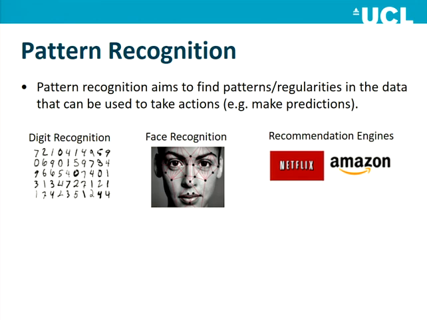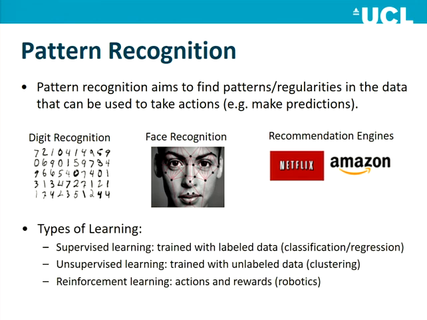And the idea is that we try to learn something from data to make predictions. And just a very brief introduction: there are different types of learning. Today I will be talking mostly about supervised learning, which means that when we train these algorithms, we have the input and output, so we have labeled data, and examples of this type of application are classification and regression.